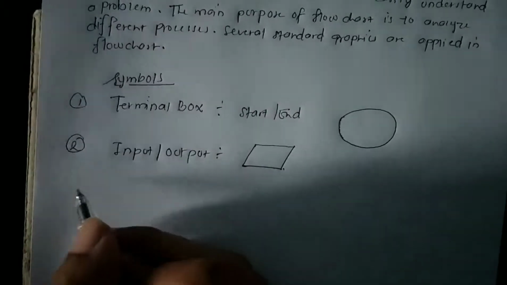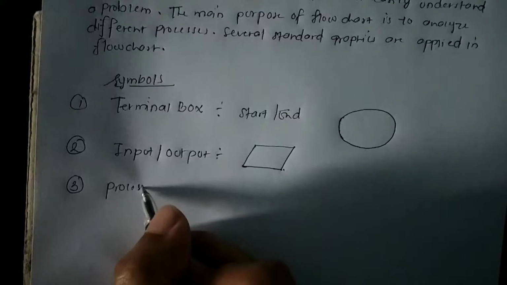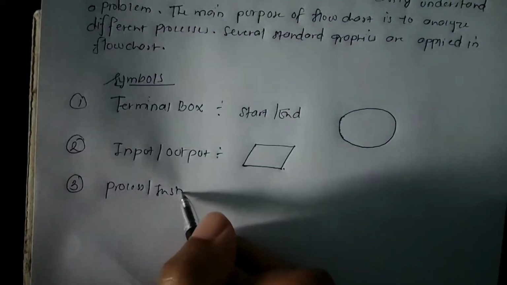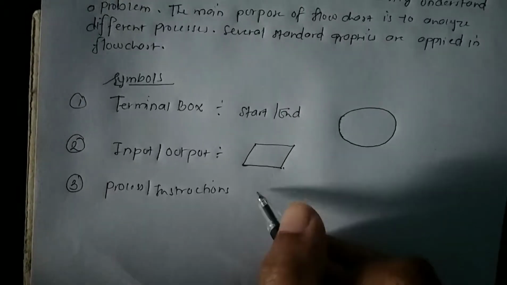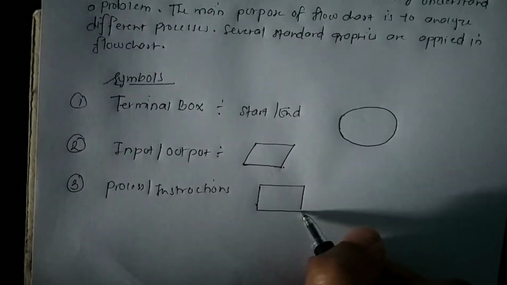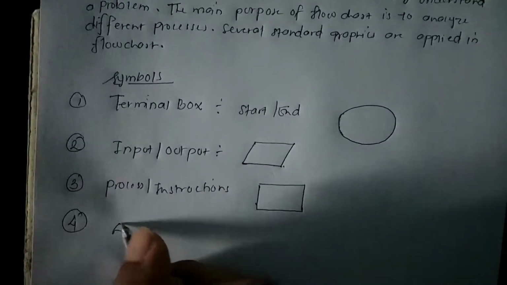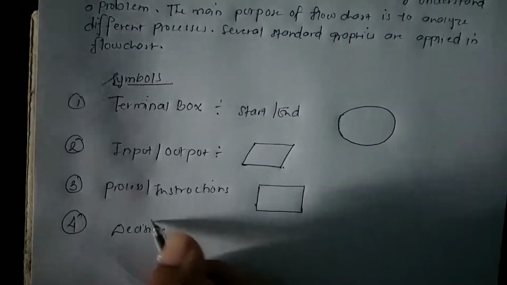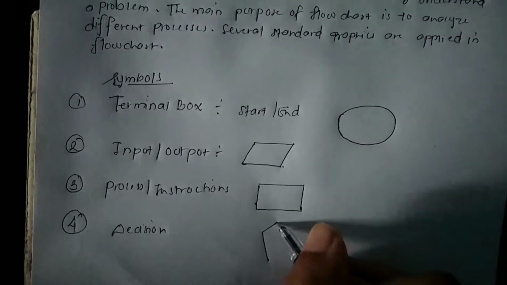In third, for process and instruction, or using the formulas, we will use the rectangular box. In the fourth one, for decision making, suppose in if and else statement or conditions, we will use the diamond symbol.